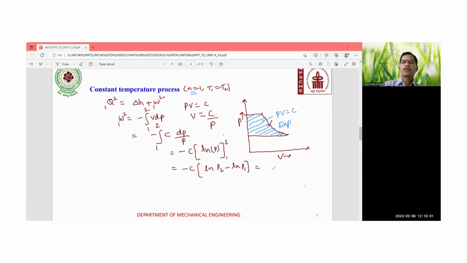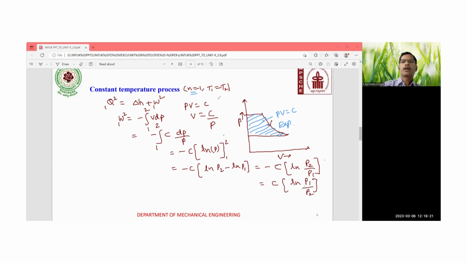So when you remove this here, minus C ln P2 by P1, and remove this minus sign also, so C ln P1 by P2.